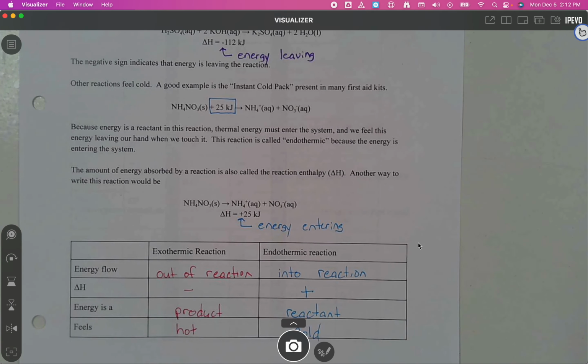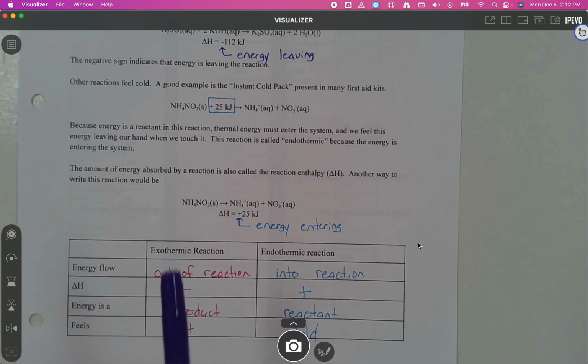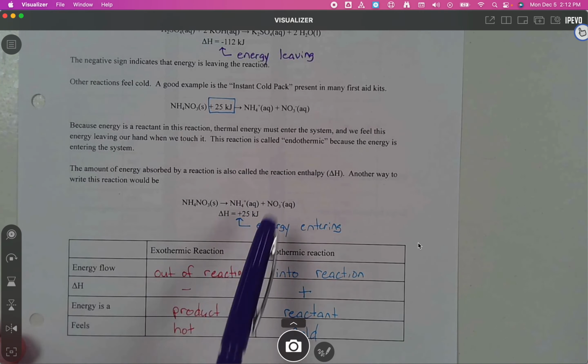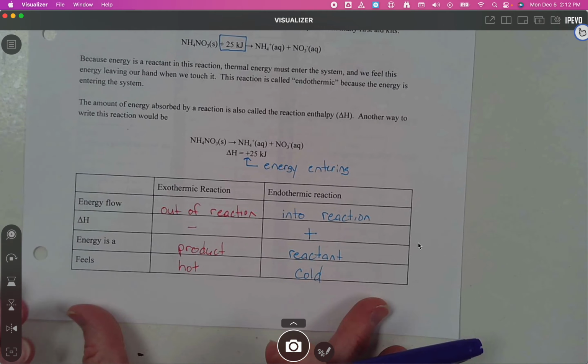Something like the cold pack, where energy is a reactant. If you put the cold pack on your hand, that 25 kilojoules of energy comes from your hand, leaving your hand colder than what it was before. And that's called an endothermic reaction. Its delta H values are positive because energy is entering the reaction.